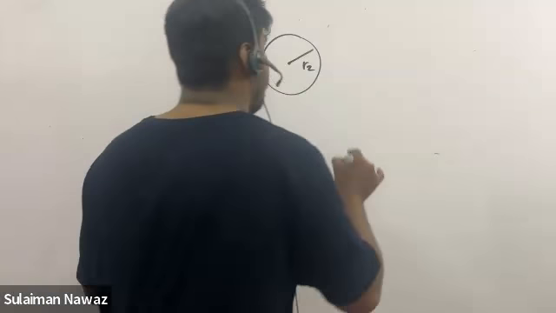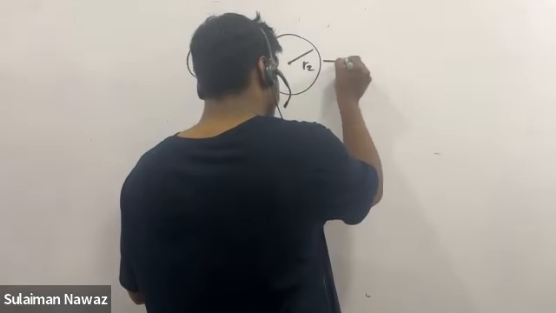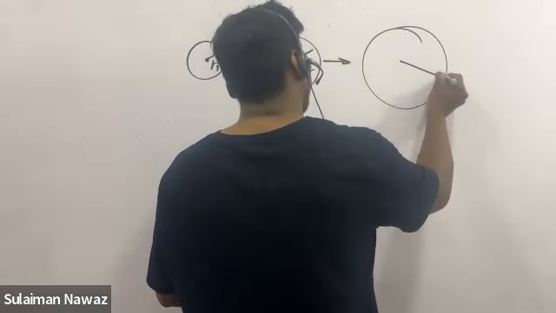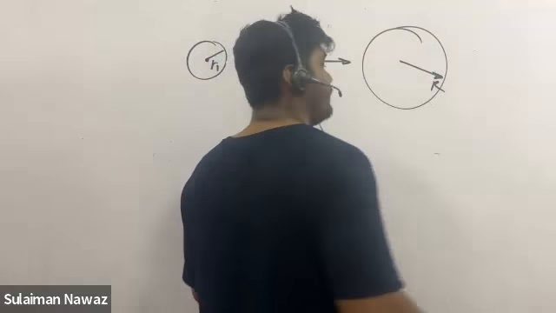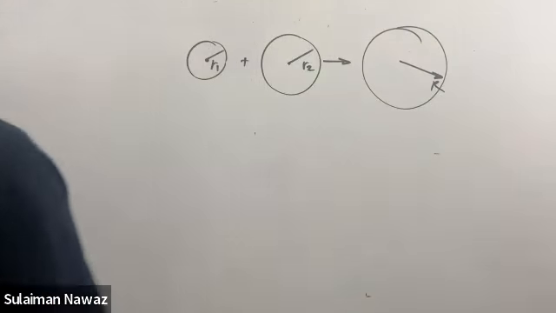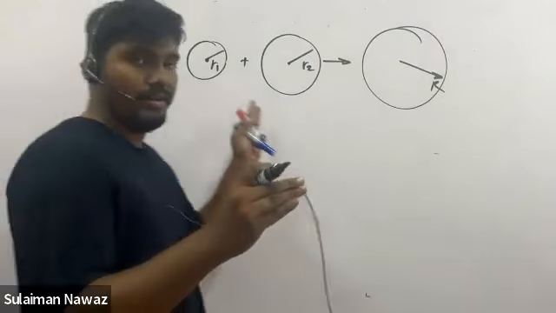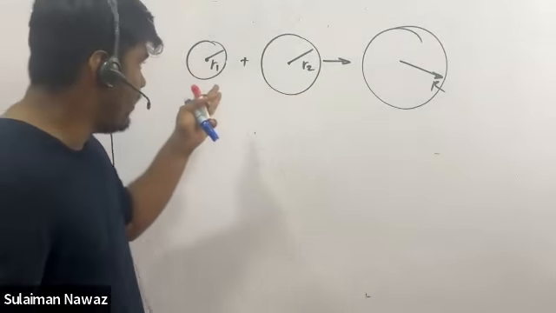When they combine, the result would be a large bubble, with radius capital R.